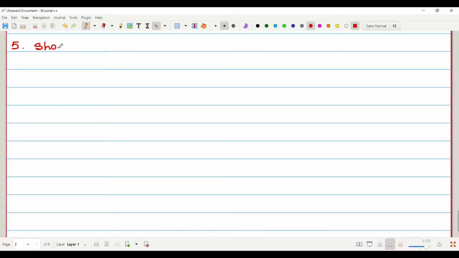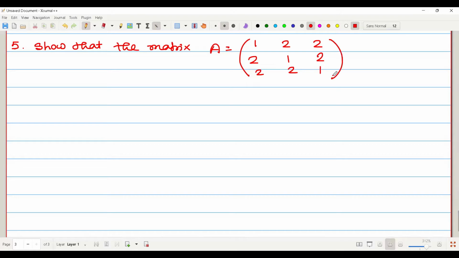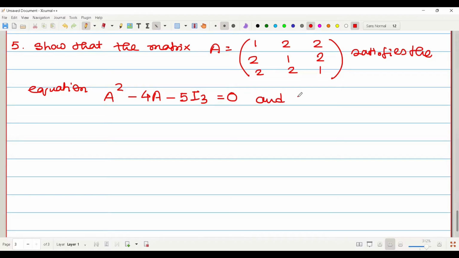Show that the matrix A, given [1, 2, 2; 2, 1, 2; 2, 2, 1], satisfies the equation A square minus 4A minus 5I3 is equal to 0, and also hence find A inverse.